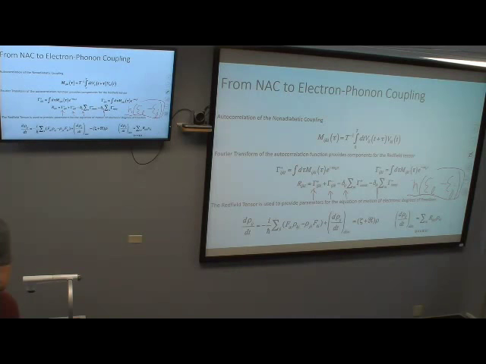This factor will take different values, and therefore transitions uphill and downhill will have different weights.